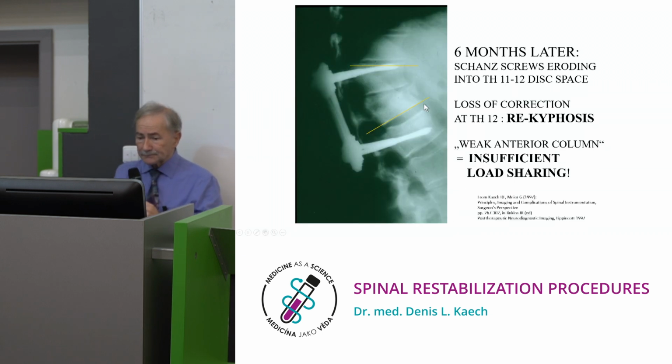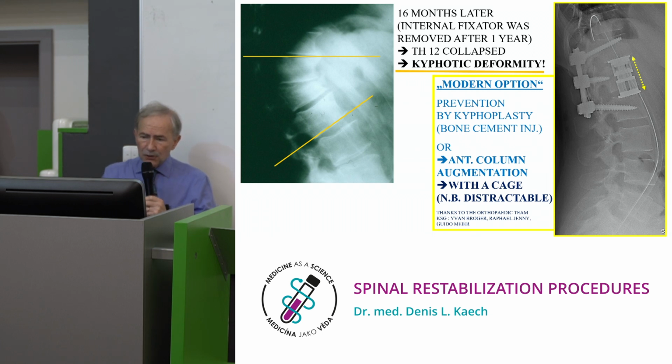Then 6 months later, you may see that it collapses again. And these screws are a little bit suboptimally placed. They're eroding in due time the vertebral end plate. And so there are different possibilities. And this is to use such a distractable corpus replacement cage in order to realign and reinforce the anterior column.